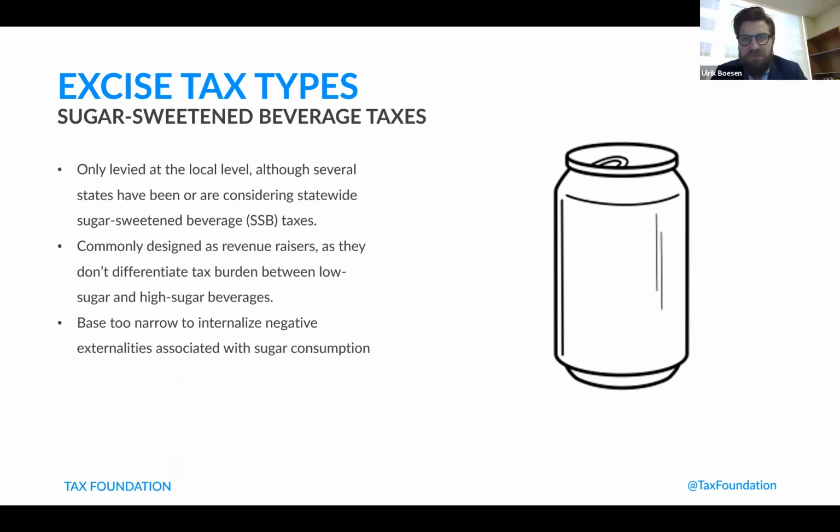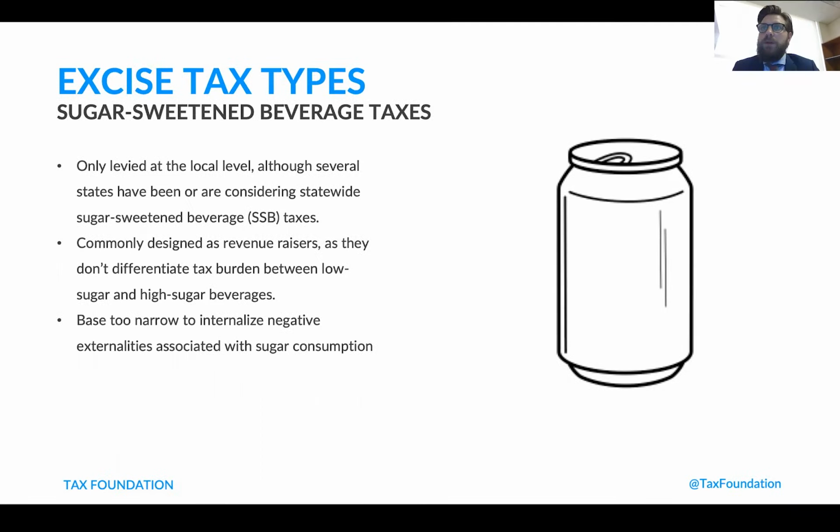And then the question is, well, why don't we just widen the base to include all sugar? So as I mentioned, the base on sugar sweetened beverages is simply too narrow to actually internalize the negative externalities associated with sugar consumption, right?